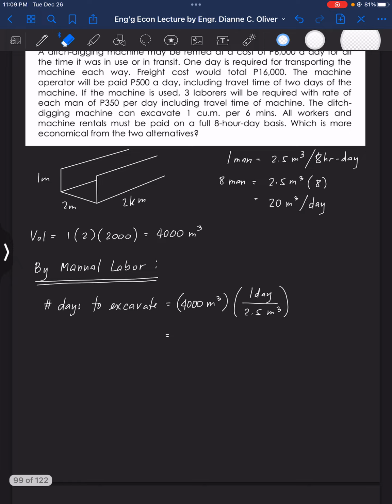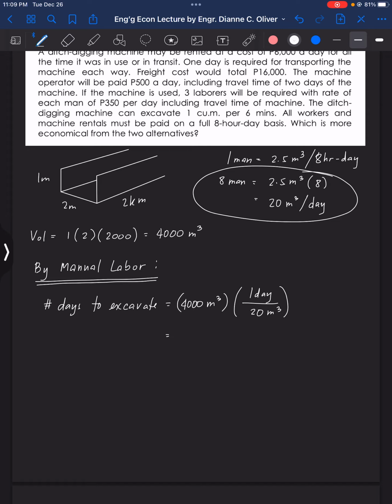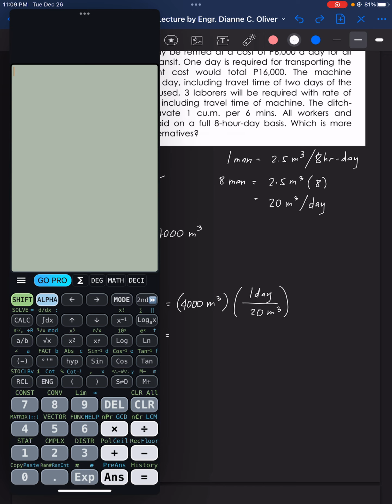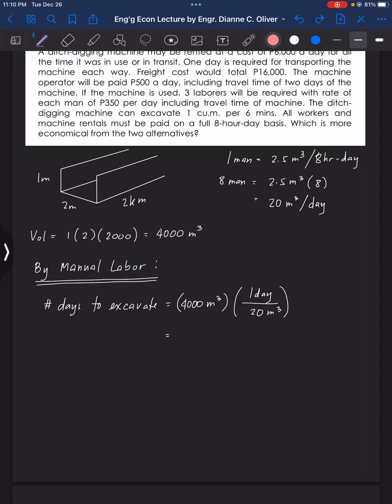Therefore, we will put here 20 cubic meters in 1 day for the 8 men. So the 8 men is already included in the solution. So that will be 4,000 divided by 20. So that's equal to 200 days, because we can now cancel out here the cubic meter. So 200 days to excavate.